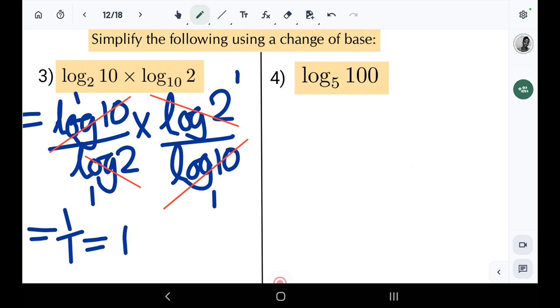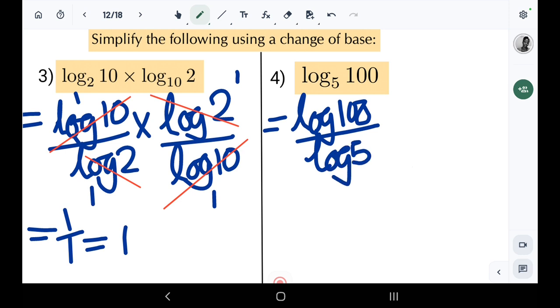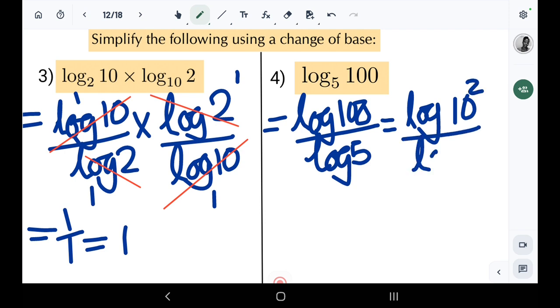Number 4, that is equal to the log of 100 over the log of 5. 100 is 10 squared. Why 10 squared? Because when there is no base, that means the base is equal to 10, and that will help us.